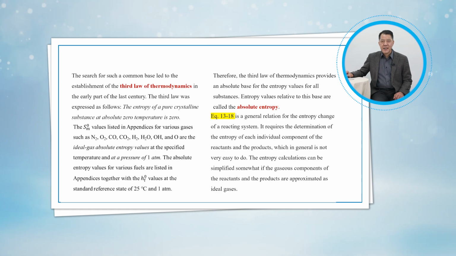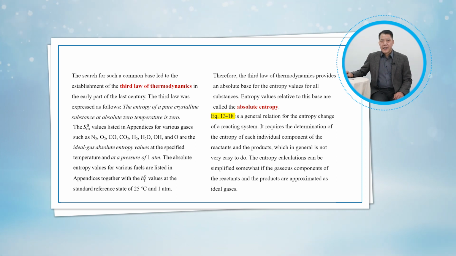Equation 13-18 is a general relation for the entropy change of a reacting system. It requires the determination of the entropy of each individual component of the reactants and the products, which in general is not very easy to do.